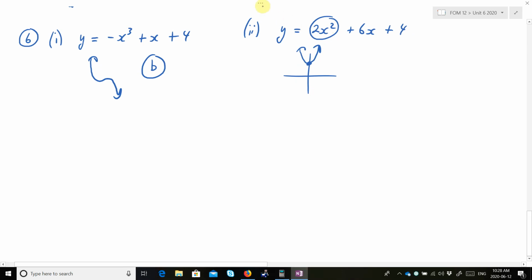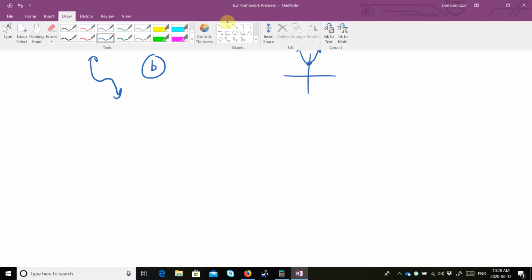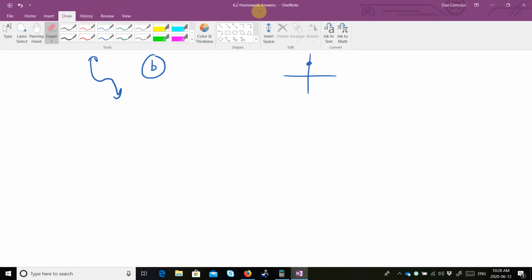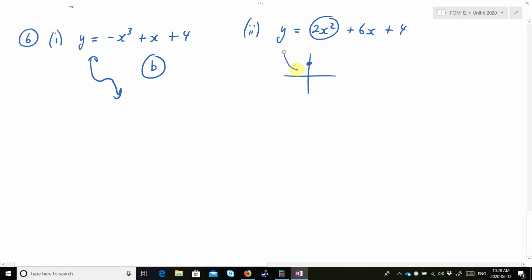Oh, I didn't really do that entirely right. The vertex doesn't necessarily have to be on the y-intercept. So as long as it's something like that with a y-intercept of 4, okay, and so that is graph C.